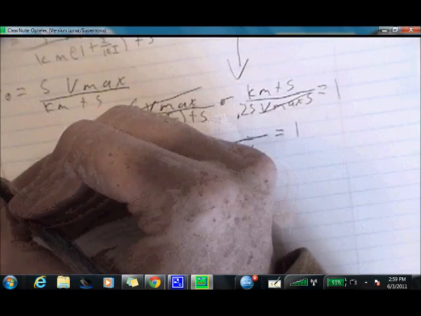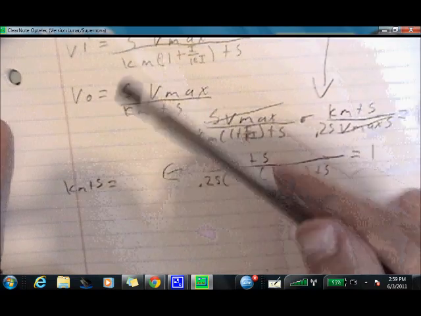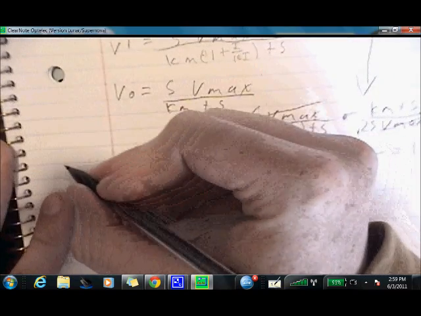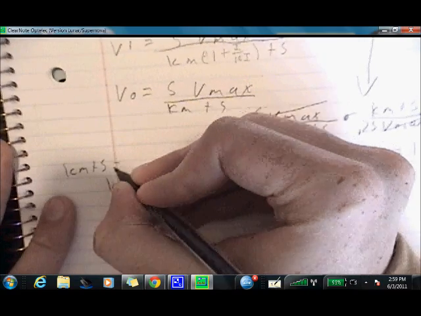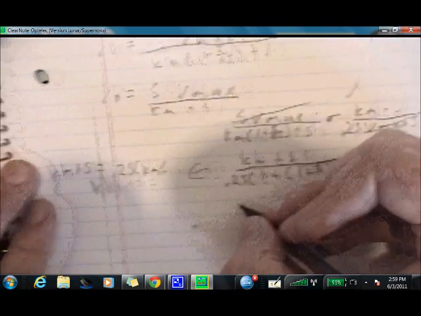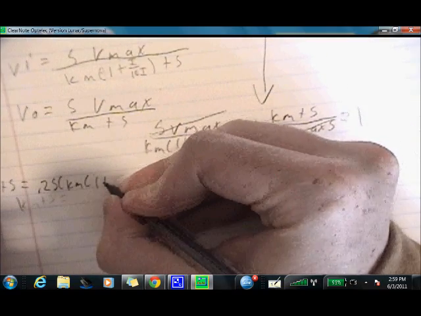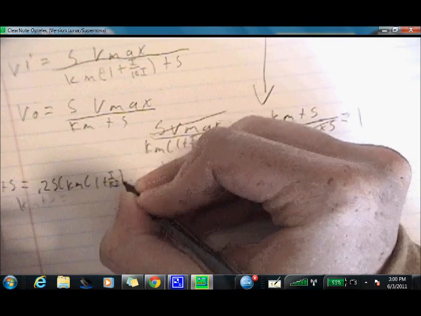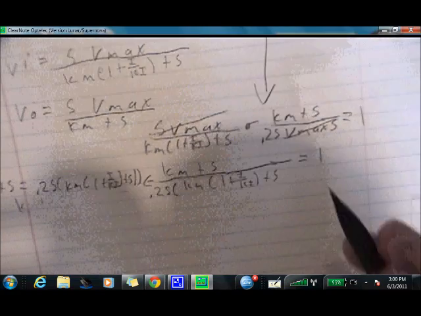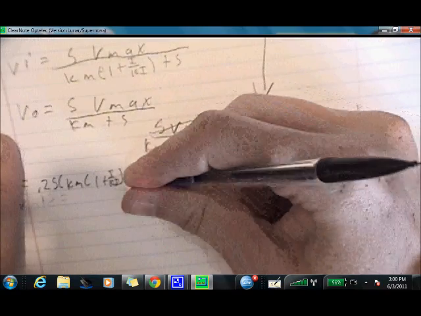So now I'm going to say, over here, Km plus S equals 0.25 Km times 1 plus I over Ki, plus S. Sorry about that, but basically I only need one of these.